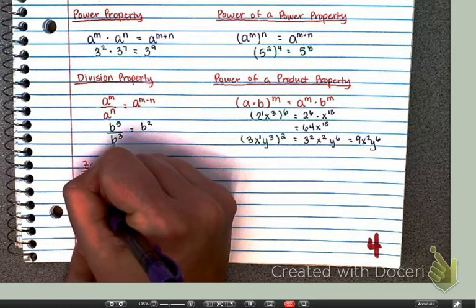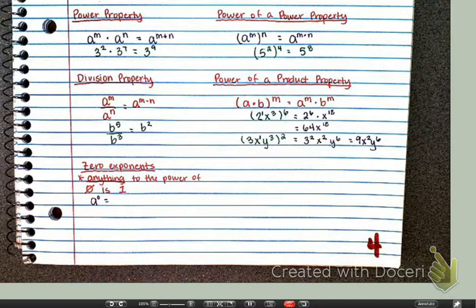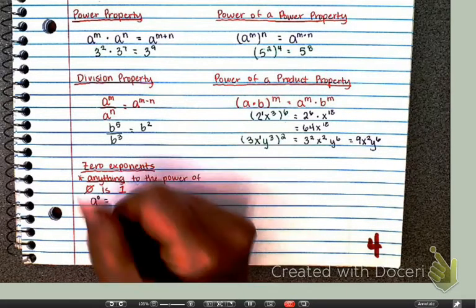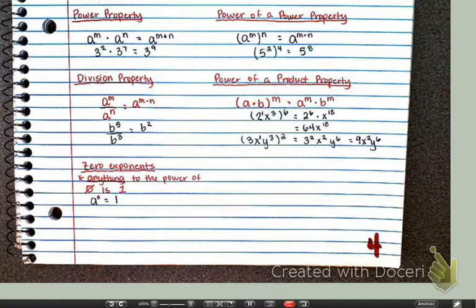So A to the 0 power is 1. How? Plug it into your calculator. Don't plug in A, plug in like 2 to the 0, because there's no A. Anything to the 0 power is 1. You can't plug in A in your calculator, but if you do like 2 to the 0, does it give you 1? Yeah. Oh, shocker.